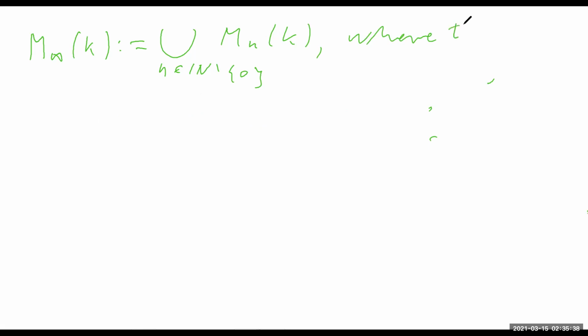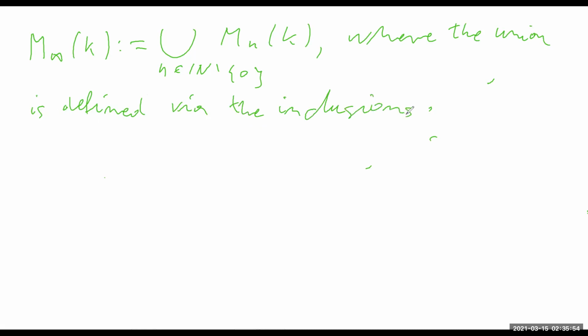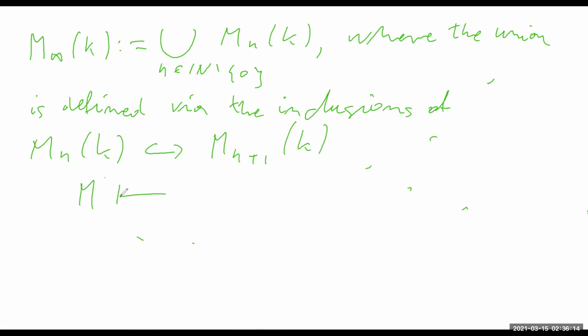The union is defined via the inclusions of n by n matrices into n plus 1 by n plus 1 matrices in the following fashion. You have a matrix M which is n by n, and you view it as an n plus 1 by n plus 1 matrix.